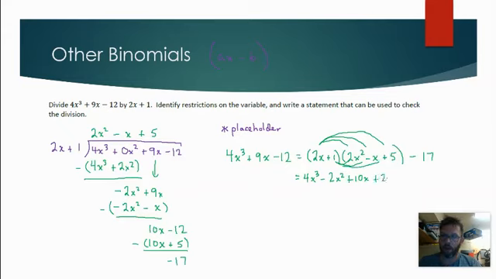Plus 2x squared minus x plus 5 minus 17. And then we'll clean things up. So we get 4x cubed. Negative 2x squared and 2x squared add to 0. 10x minus 1x is 9x. And 5 take away 17 is negative 12. And so we know that we did it right.